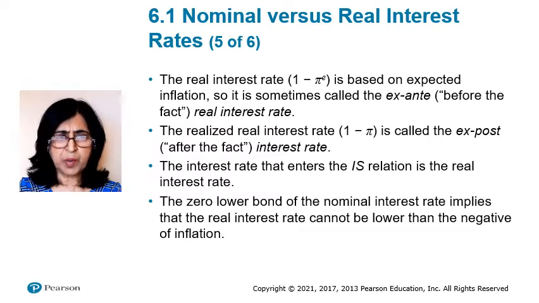The zero lower bound of the nominal interest rate implies that the real interest rate cannot be lower than the negative of inflation. So long as expected inflation is positive, this allows for a negative real interest rate. But if expected inflation turns negative, if people anticipate deflation, then the lower bound on the real rate becomes positive and can turn out to be too high.